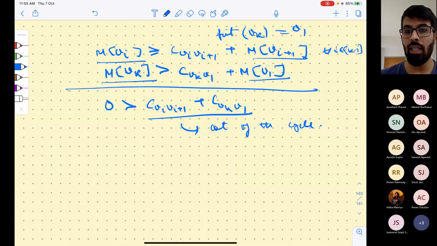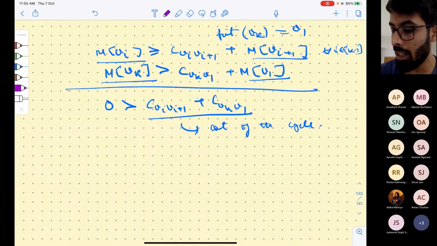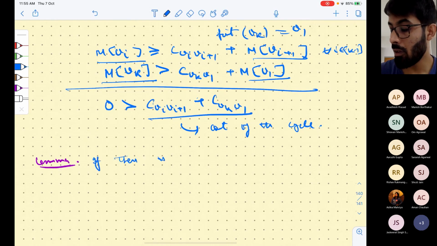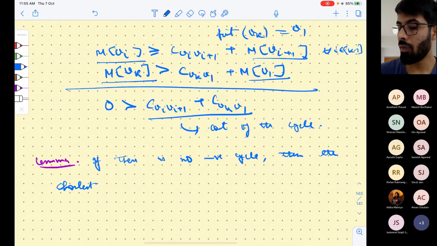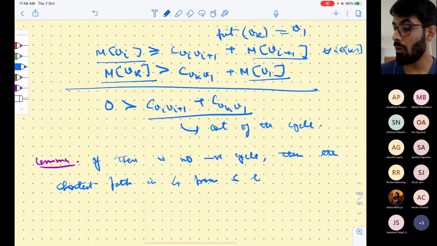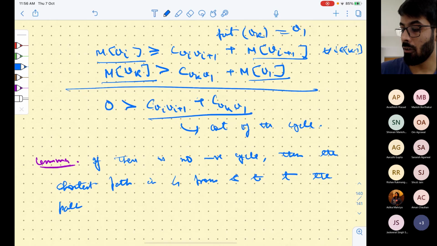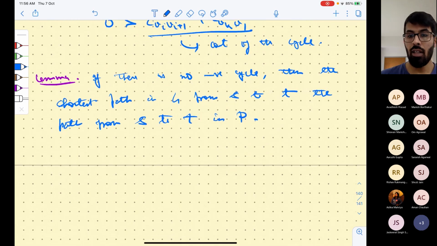And then you can show another lemma that if there is no negative cycle, then the shortest path in G from S to T is the path from S to T in P. Okay.